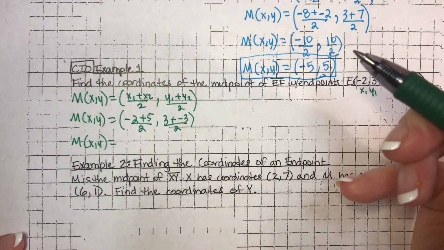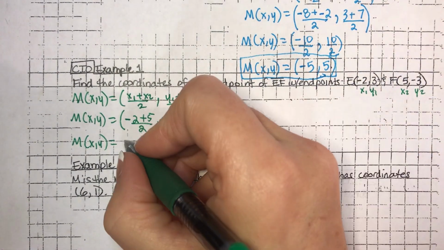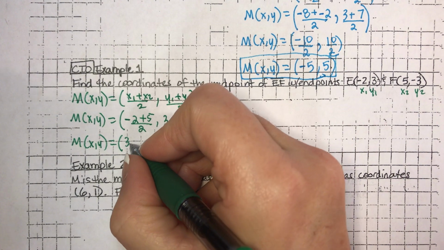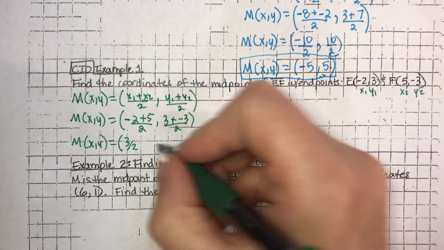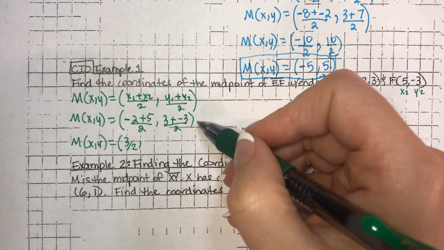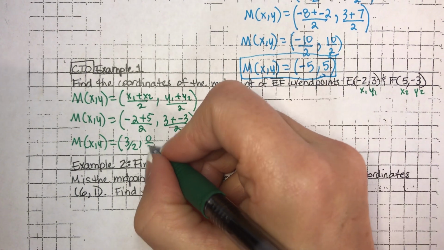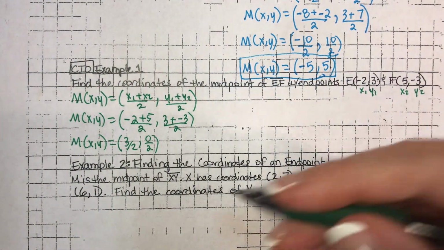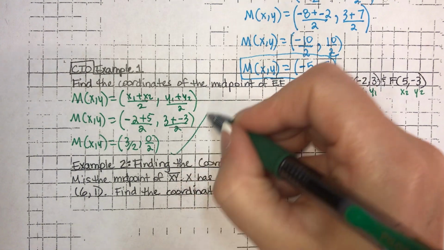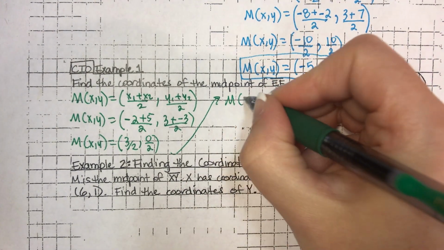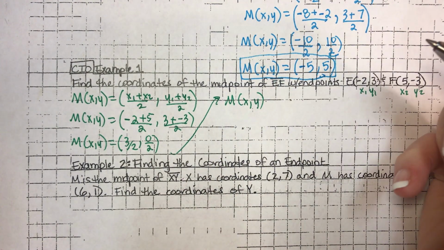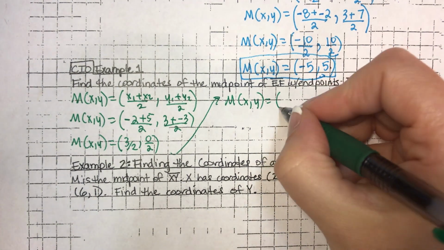Negative 2 plus 5 would be 3, divided by 2, 3 over 2, comma, 3 plus negative 3 is 0 over 2, and there we have our answer.